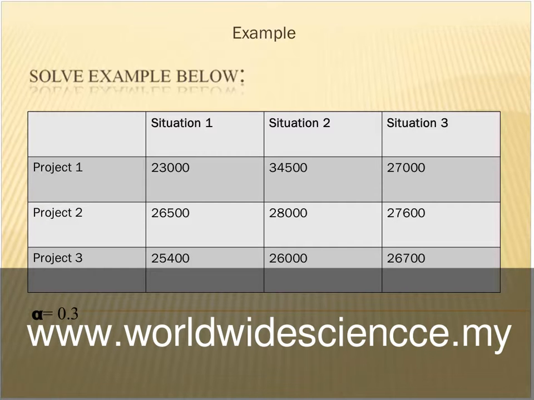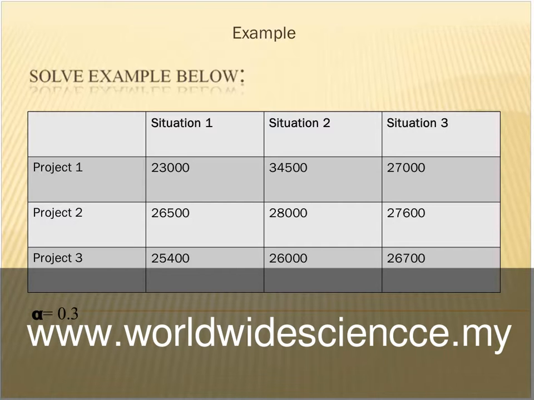Unfortunately, I'm so sorry, I forgot to tell you this alpha is for situation 1, and alpha equal to 0.5 is for situation 2.